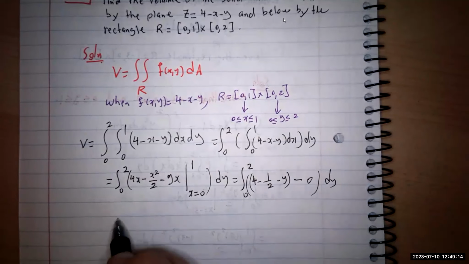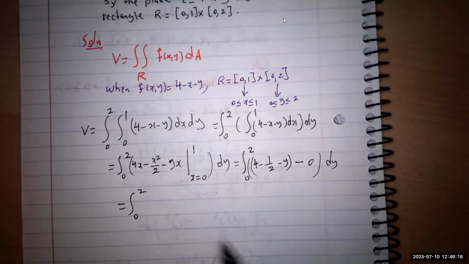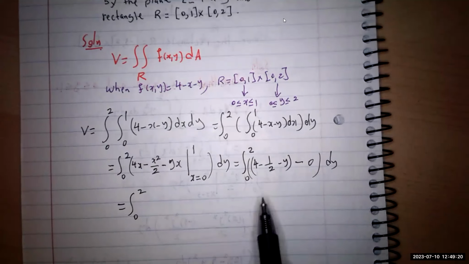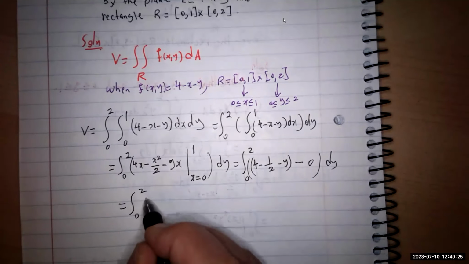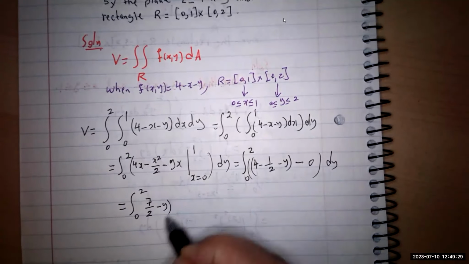So the x part would be done. Just rewrite it so we can see what's going on: 0 to 2, and 4 minus 1/2 would be 3.5, which is 7/2. So that gives us 7/2 minus y.